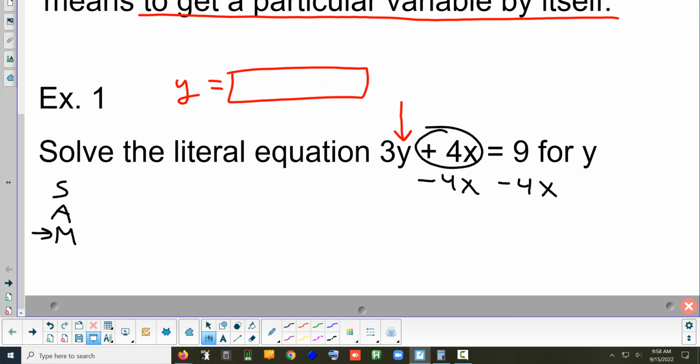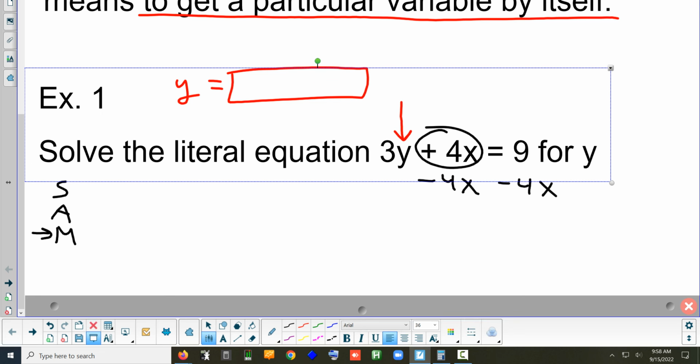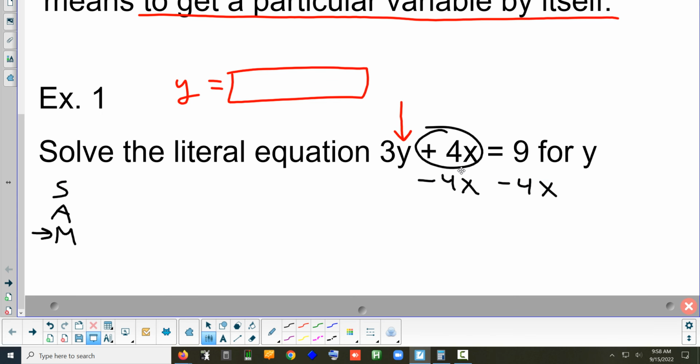Now, when I do that, Aiden, what's positive 4x combined with negative 4x? 0. This is gone. And Tirza, what's on the left-hand side now? 3y. Yep. Just 3y on the left.